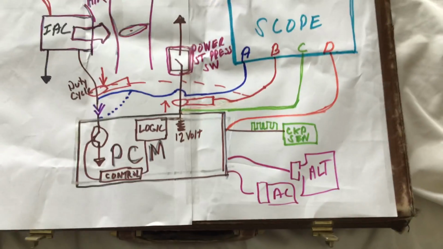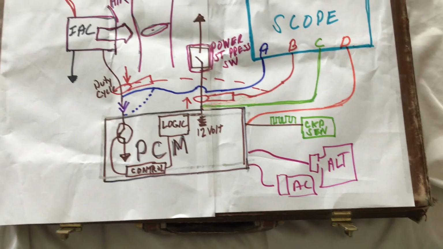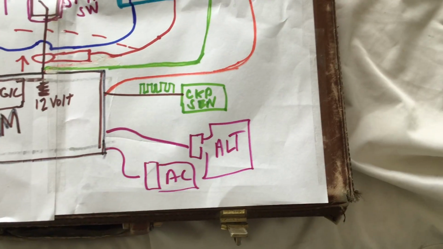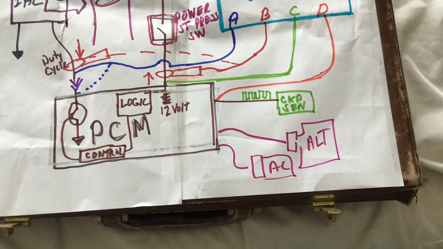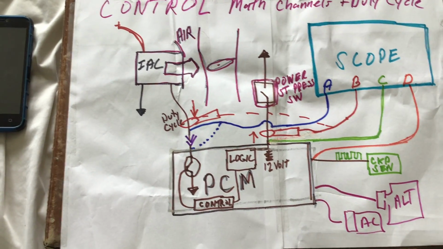Just want to point out, the PCM will use its logic to take in information from various inputs when there's a load on the engine, such as an air conditioning load or an alternator electrical load. You'll see where the AC comes on, and then it would have to change the duty cycle to compensate for the load of the AC compressor.